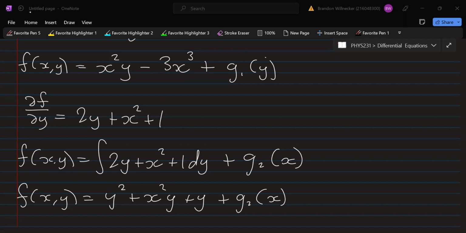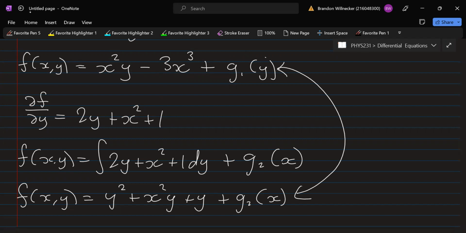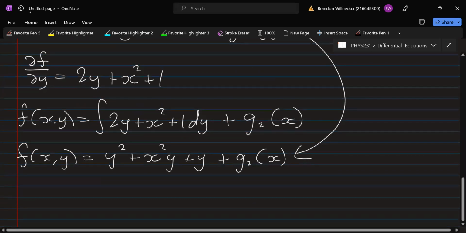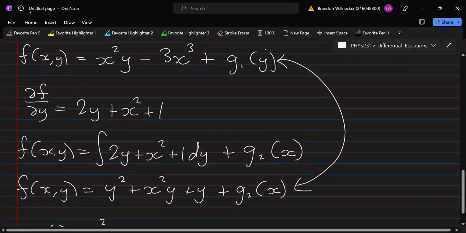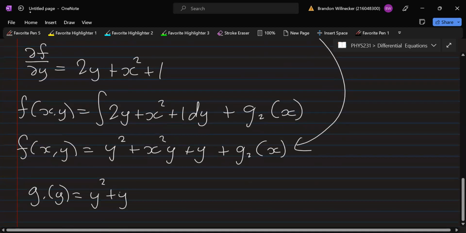Then we have the same function written as y squared plus x squared y plus y plus some function of x. But these must be equal. It's the same function. So that means g1 has to be y squared plus y, because that has to be common between the two. So g1 of y must be y squared plus y, and g2 of x must then be minus 3x cubed.